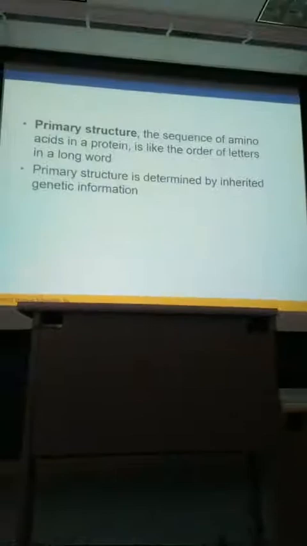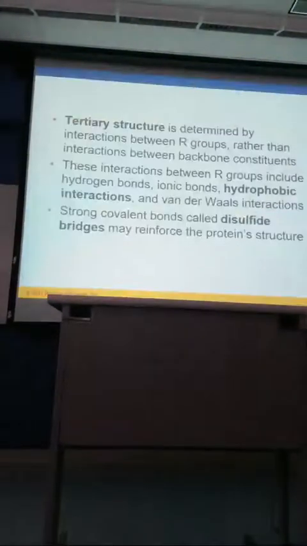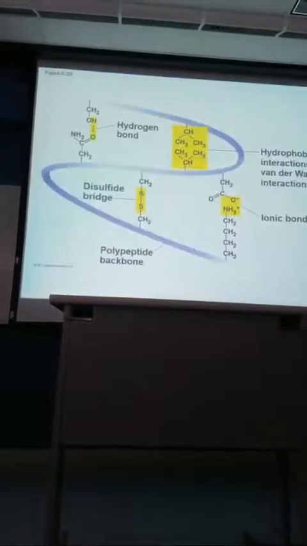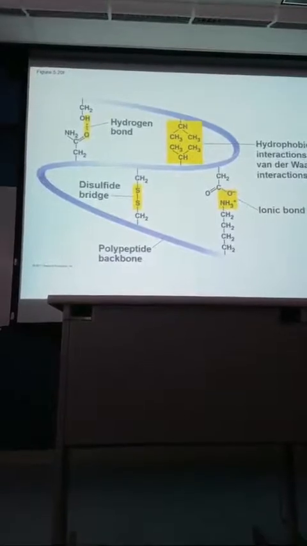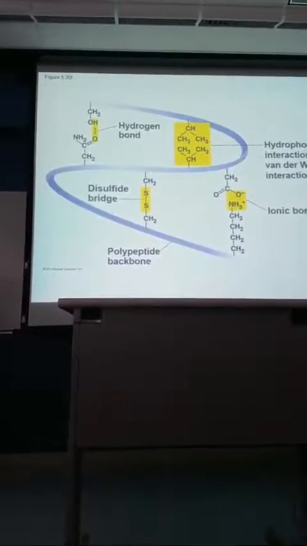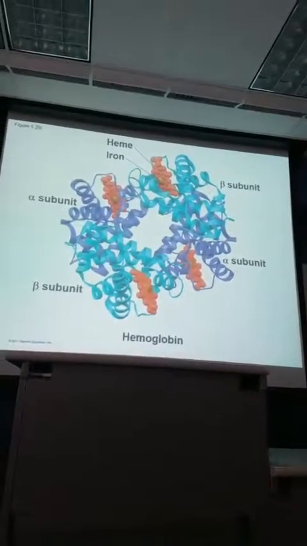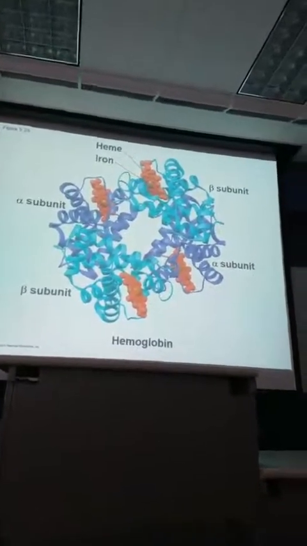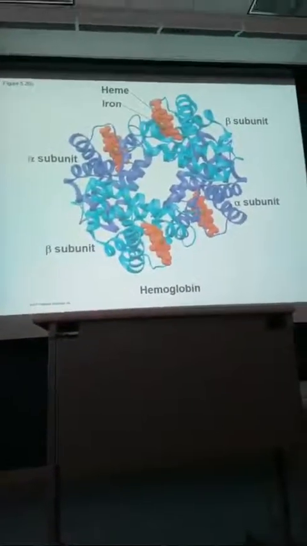And this shows the structures of these. You can read up on those. Most of those covalent bonds that are going to be formed will be these disulfide bridges right there. This shows hemoglobin, and each one of these subunits could be a tertiary protein that comes together to make the hemoglobin.